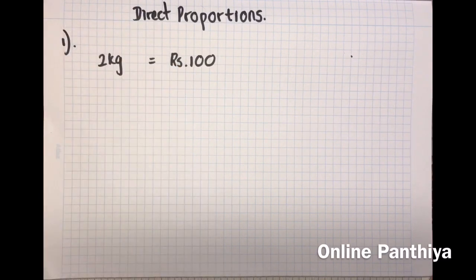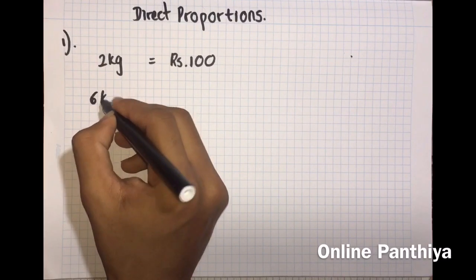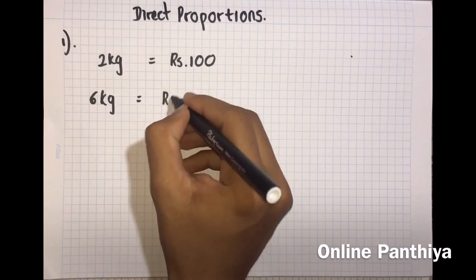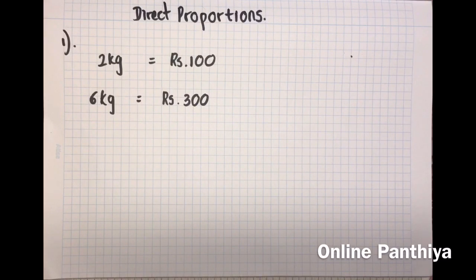Now say you buy 6 kilograms of sugar. How much will it cost? Using our normal calculations, it will cost 300. Is that clear? That part was clear, I hope.